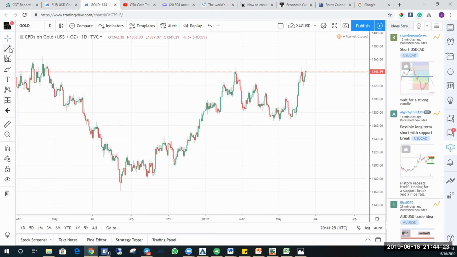Definitely we were able to break this strong downtrend here that we had for some days.